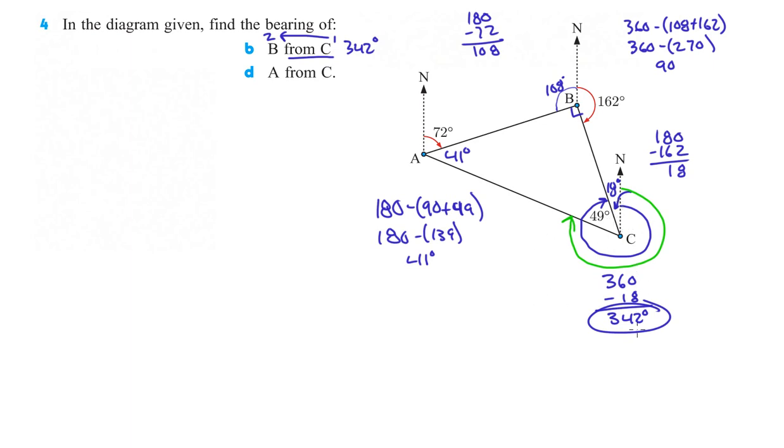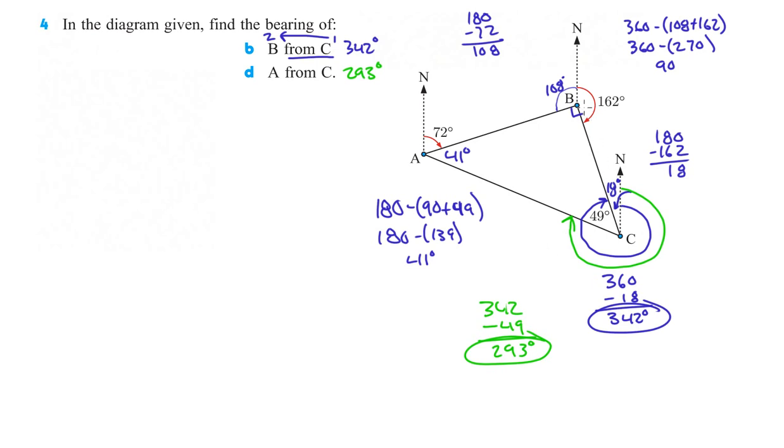So really what we can do, since we just figured this, that from this blue one here around to here is 342, all we have to do is subtract 49 from that, and that will give us our new bearing angle. So we do 342 minus 49, and that is going to give us, let's see, what, 293? Yep. Okay.